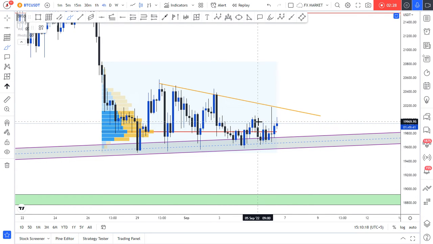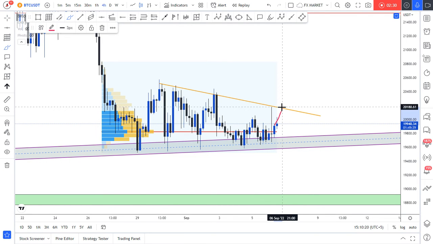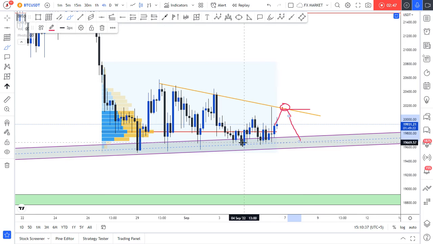If price comes to this resistance and reacts at this level, and holds, we can look for a bearish candle in the 4 hour, like a bearish engulfing or a pin bar. So you can short from here, and your target is this support area of 19,600.